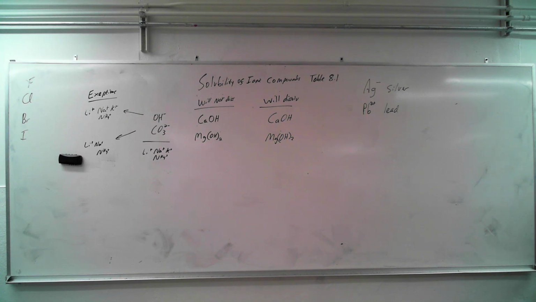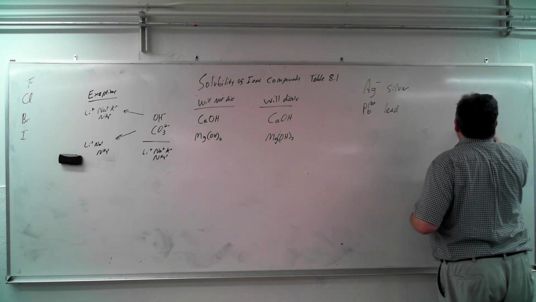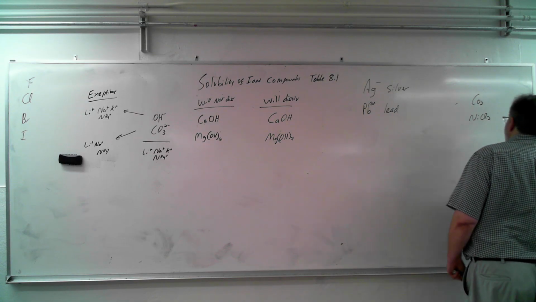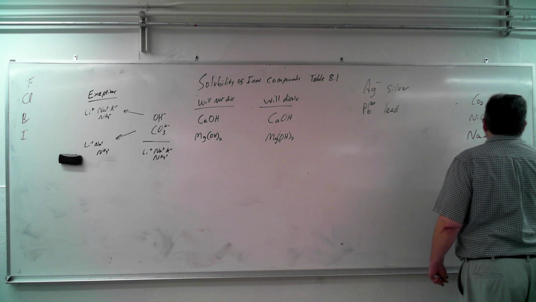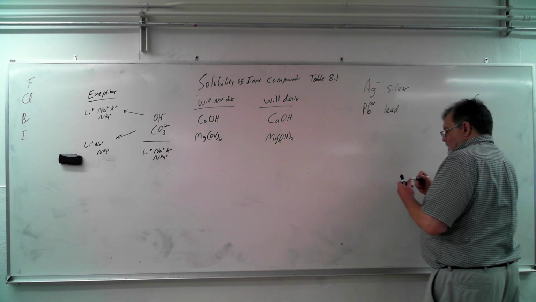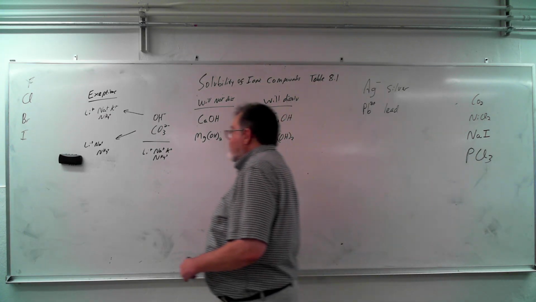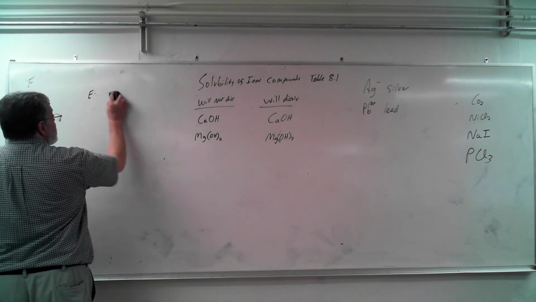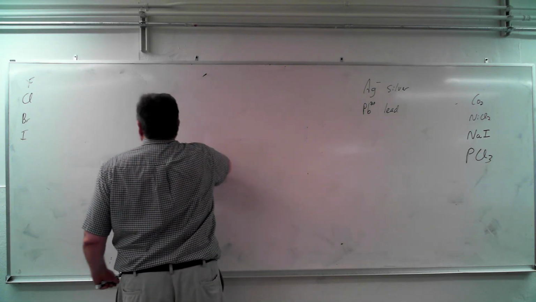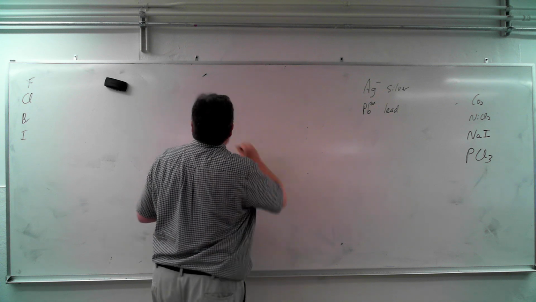And I'll write these on the board. Let me come back to solubility, because if I don't think about it ahead of time, I start bouncing around like I'm doing now and can't get anywhere. Okay, here's the question.